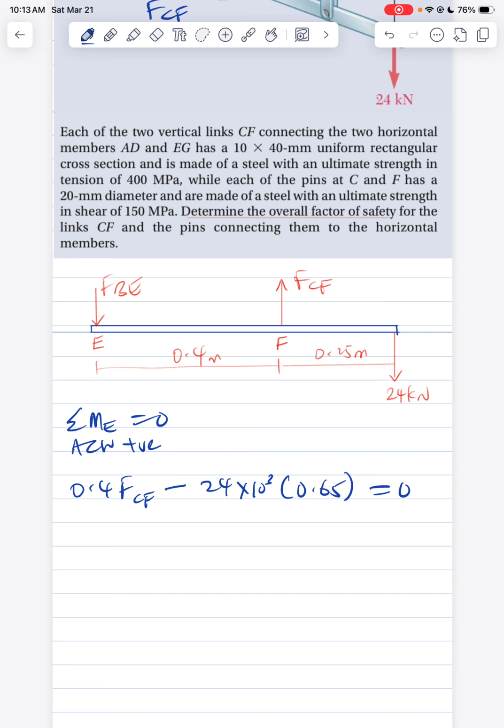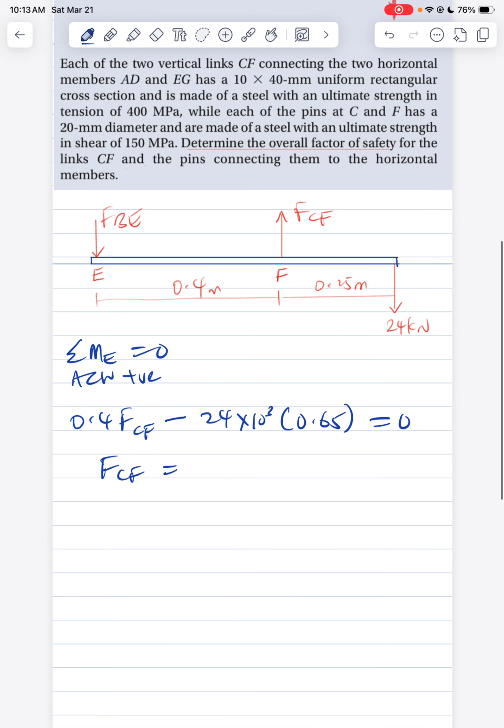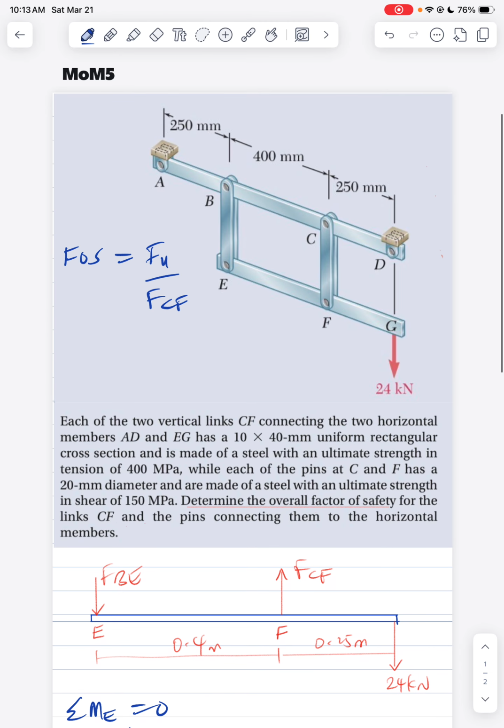If you compute this correctly, you take this part to the other side and divide by 0.4. Computing that, we should get FCF equal to 39 times 10 raised to the power 3 newtons. Right, so with this now, we've gotten FCF.